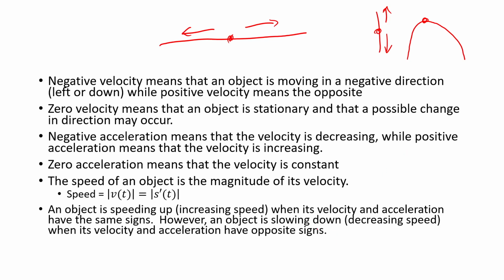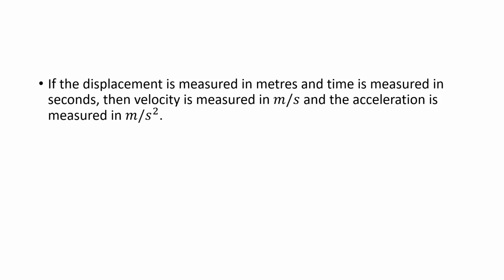But if an object has positive velocity with negative acceleration, it's decreasing in speed. And similarly, if it has negative velocity but positive acceleration, it's also decreasing in speed. Displacement is measured in meters and time is measured in seconds generally. So we generally say velocity is measured in meters per second and acceleration is measured in meters per second squared.